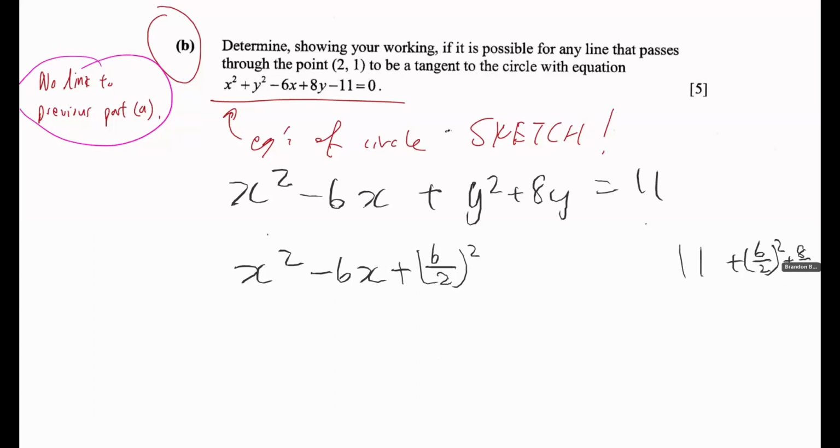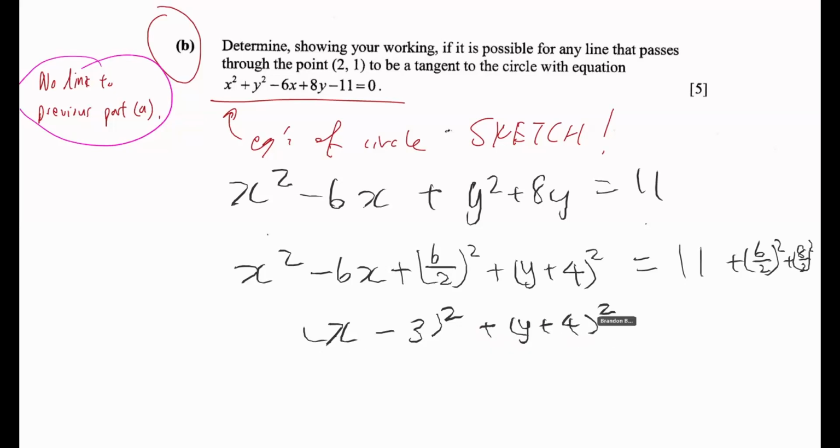Get x squared, the other guy also add on the same thing. Y squared plus 8y plus 16. Factorize straight away as well. The other guy is x minus 3, y plus 4.